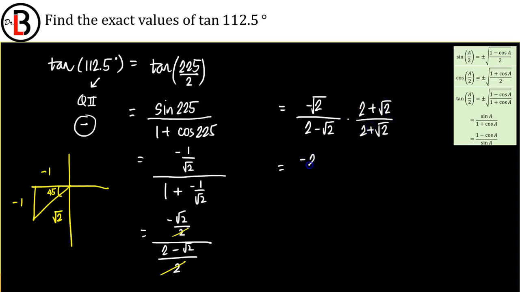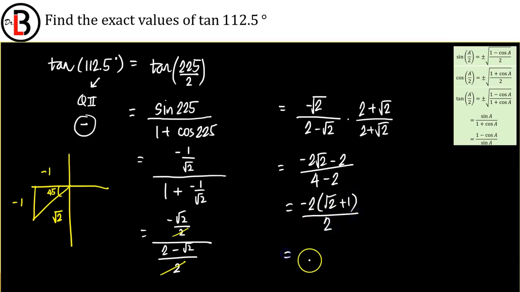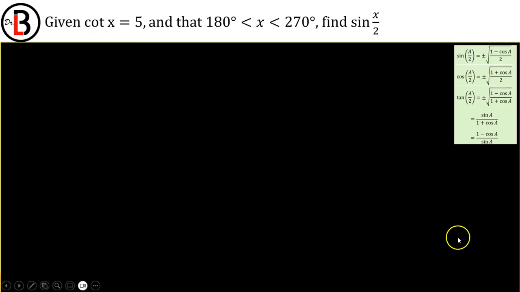You'll have negative 2 square root of 2 minus 2 all over 4 minus 2. If you factor this out, you'll end up with negative square root of 2 plus 1. Therefore, your answer is negative square root of 2 plus 1. As I said earlier, the answer should be negative, so you're correct. Let's go to the next.